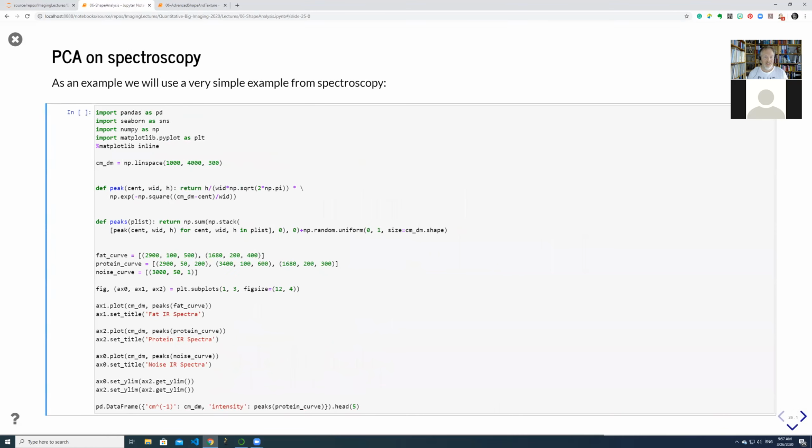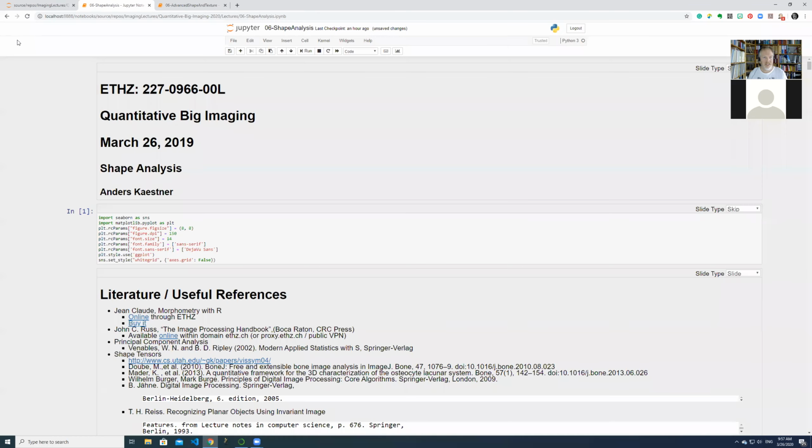And now we try with an example. We simulate spectroscopy, and we create a couple of peaks for two materials, in this case, fat and protein. And then we also have a noise curve. And doing this, we get some values. Right now, they are not so visible, so I have to change now.